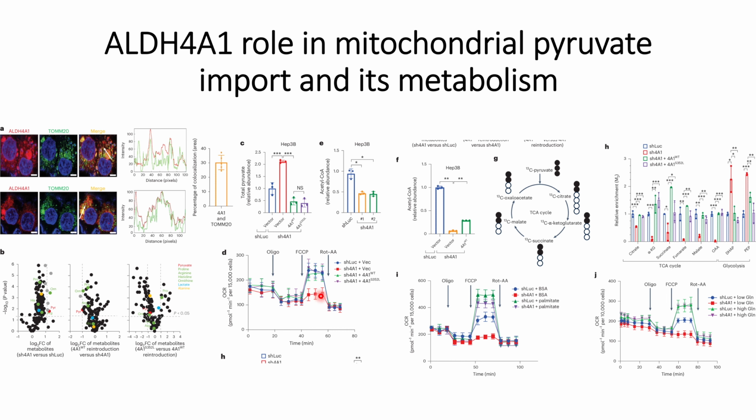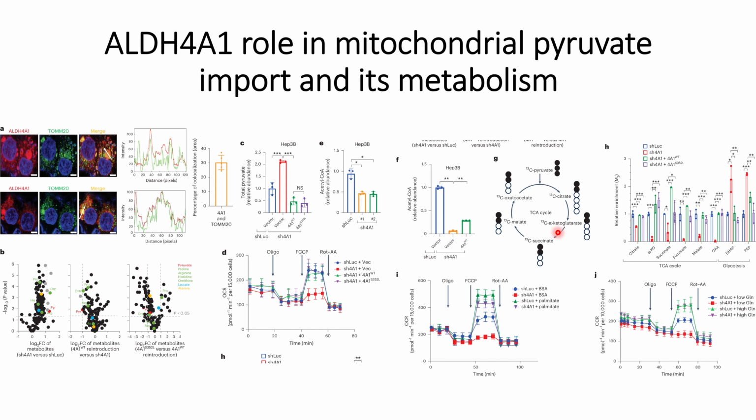They checked it only for the mitochondrial sections. When they reintroduce ALDH4A1, either wild type or mutated, the oxygen requirement goes up again. So this indicates that ALDH4A1 has a role in the TCA cycle also. It helps in mitochondrial pyruvate metabolism.